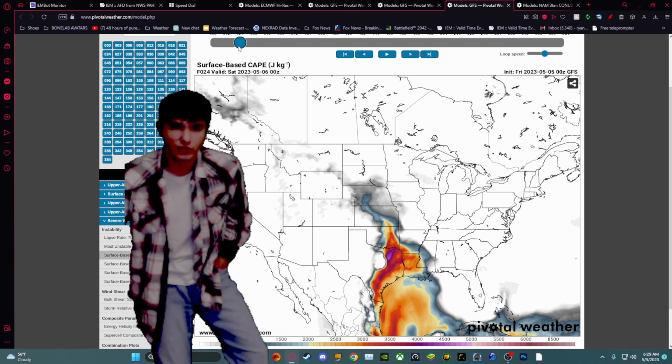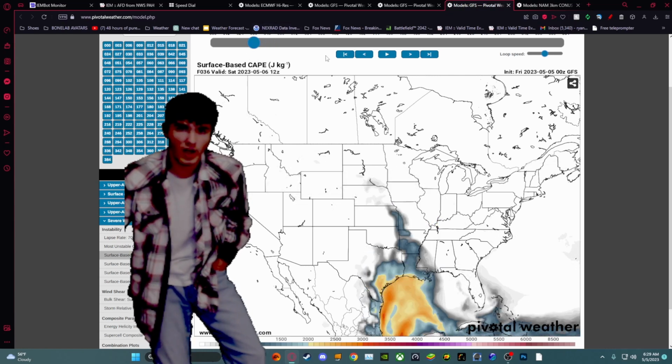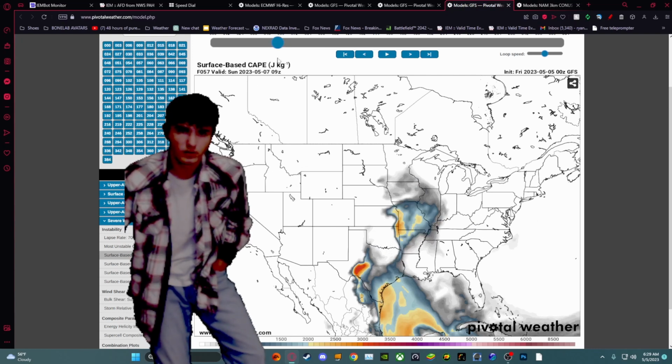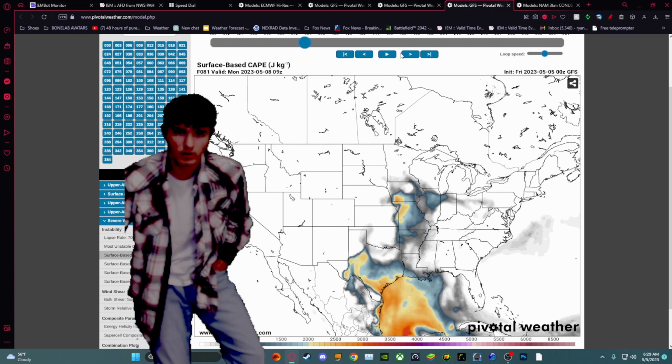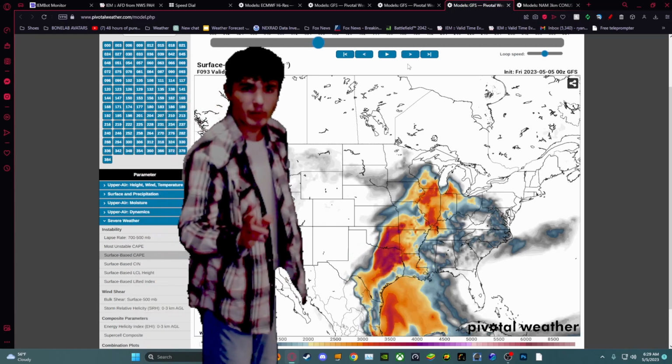But that's Saturday. As you can tell, the CAPE does start to move over in our area. And around Saturday, I hate that. That is so annoying. Stop. That is the worst thing you could ever do on Pivotal Weather. So on Saturday, that's actually Monday, I can't see.